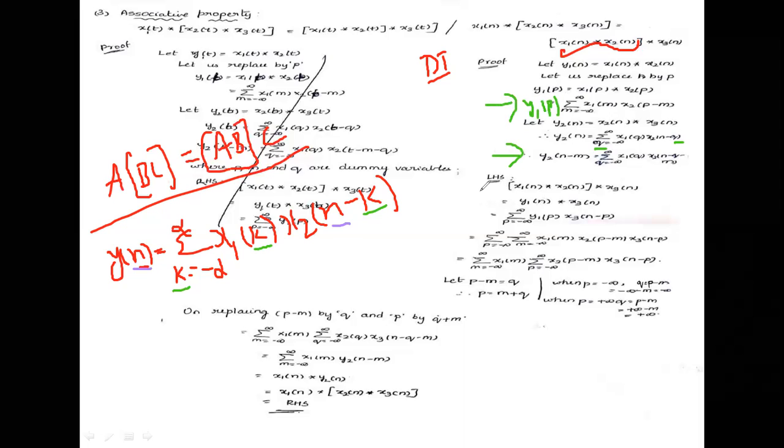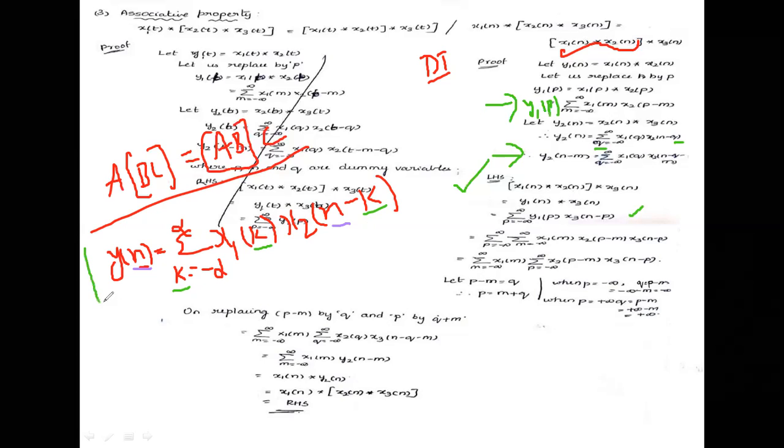Now let us take the LHS here. What is LHS? x1 of n with the convolution of x2 of n with the convolution of x3. I assume the x1 and x2 as y1. So y1 with the convolution of x3 of n as sum of p equal to minus infinity to infinity y1 of p x3 of n minus p.